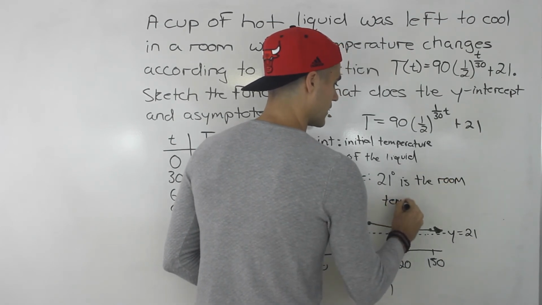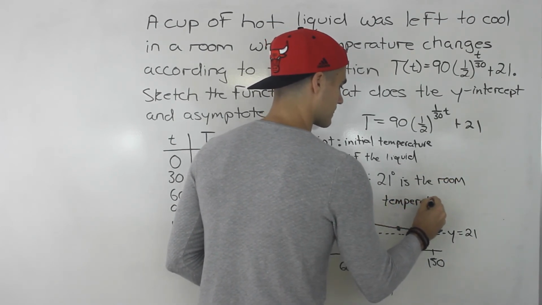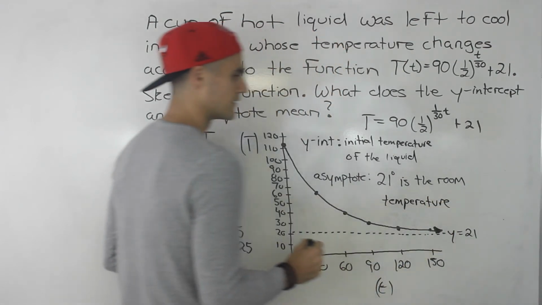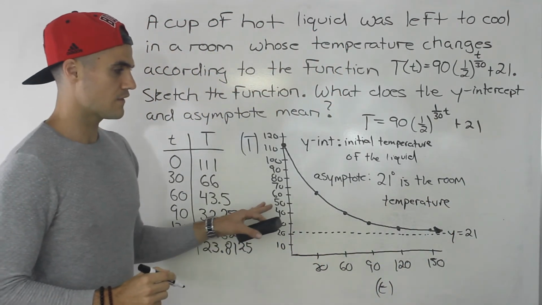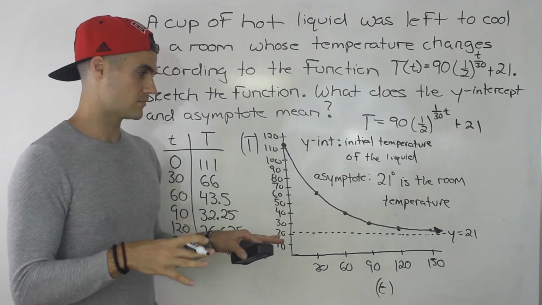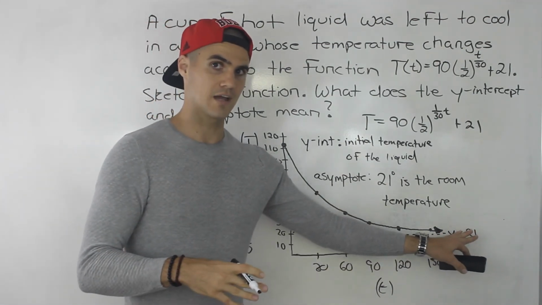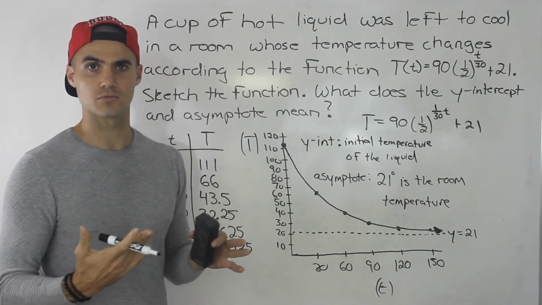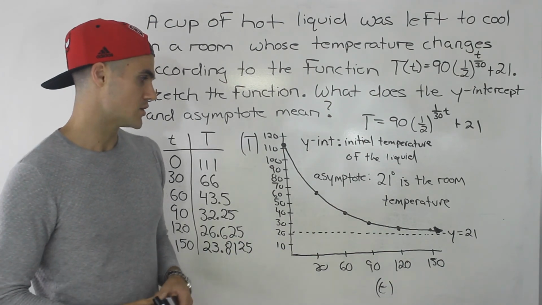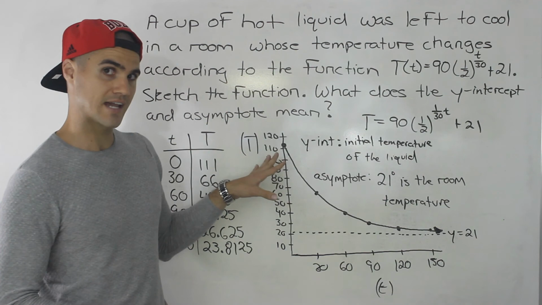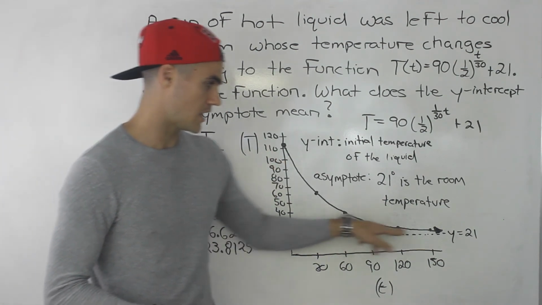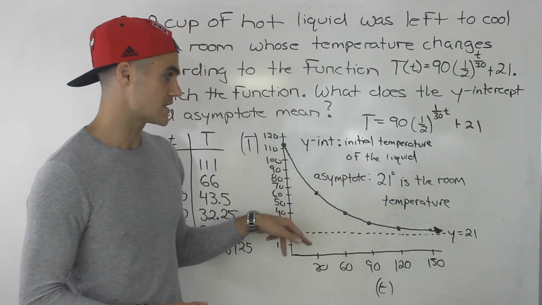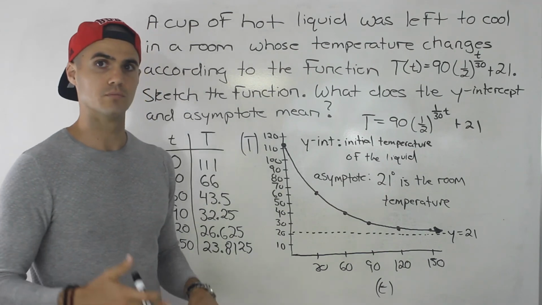Because if you think about it, if you leave a cup of liquid in a room for an infinite amount of time, eventually it's just going to be the same temperature as everything else in the room. It's just going to be room temperature. So that asymptote in this word problem, 21 degrees, represents the room temperature.